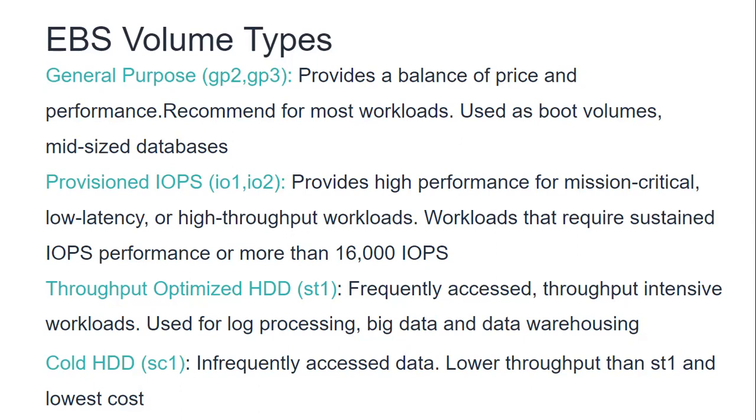However, if you have such data and you will not be accessing it frequently, then you could use cold HDD. Cold HDD, SC1, is for data that you don't access frequently. That one has the lowest price, but you only use it for data that you don't access frequently. So usually use it for archiving logs, logs that you're done processing, but you need to keep for a long time. You can use cold HDD for that.